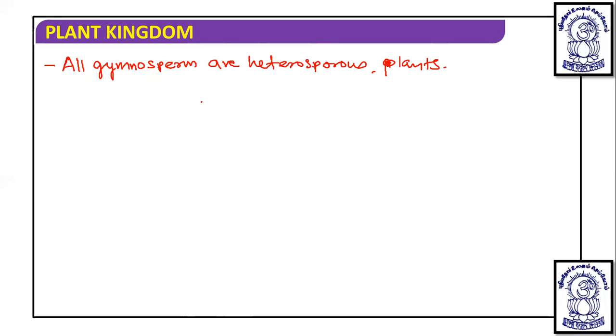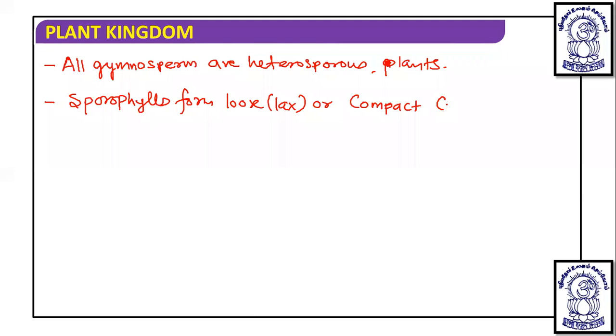Here we have discussed that cones are present, and a cone is nothing but a group of sporophylls. So sporangia are borne on sporophylls, which are arranged spirally along an axis to form a lax, meaning loose, or compact cone. So here we can write: sporophylls form loose, or lax, or compact cone or strobilus.